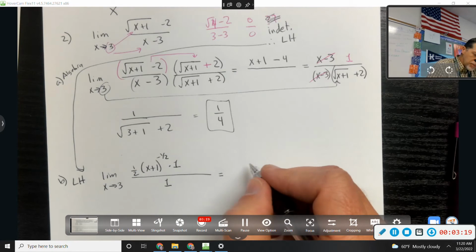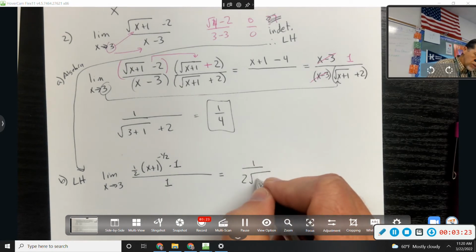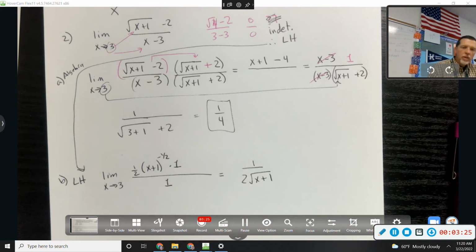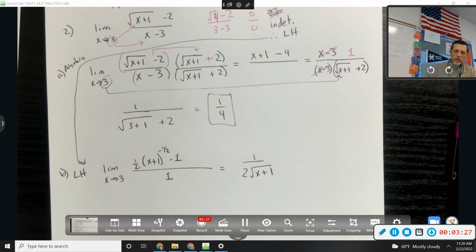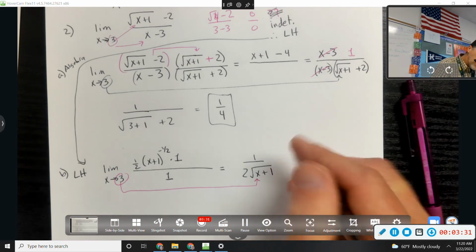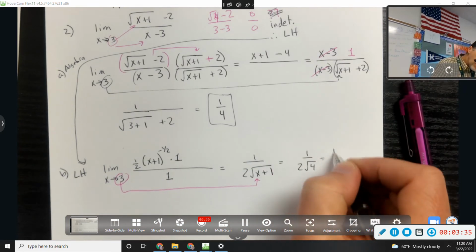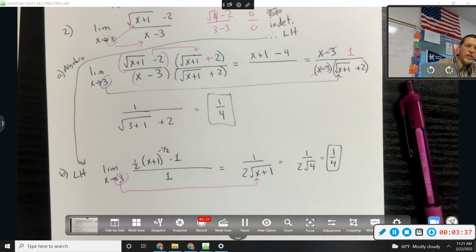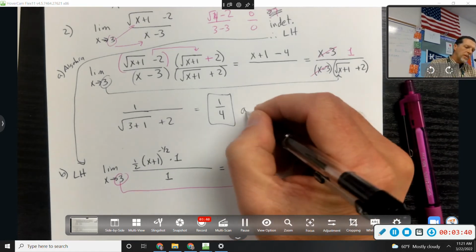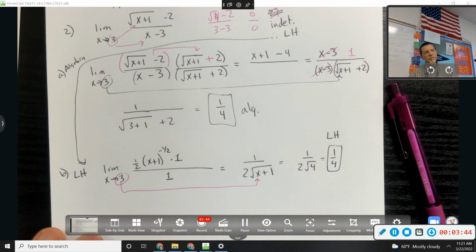So clean this up a little bit: 1 over 2 square root x plus 1. Plug in 3, and we get 1/4. What do you know? Algebra method, L'Hopital's rule method. Same.